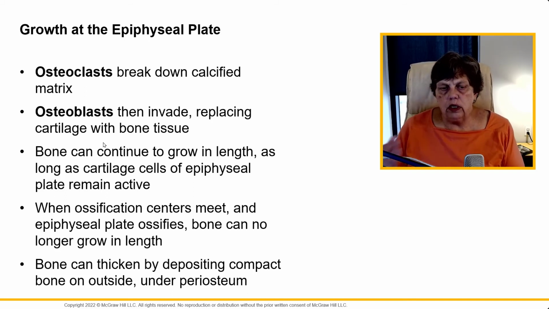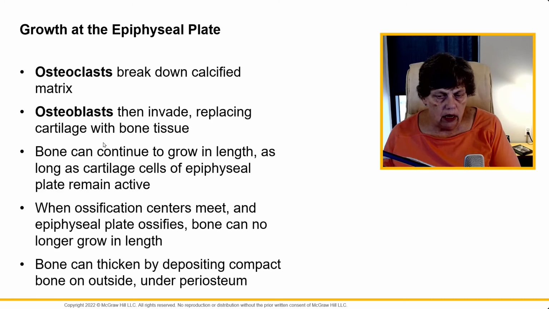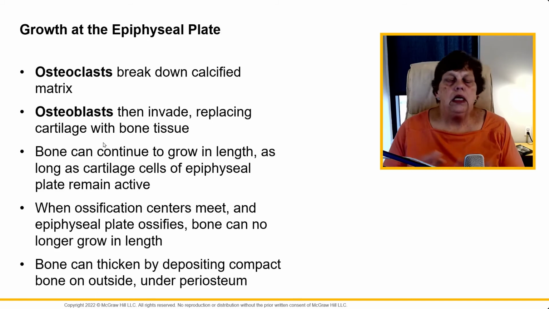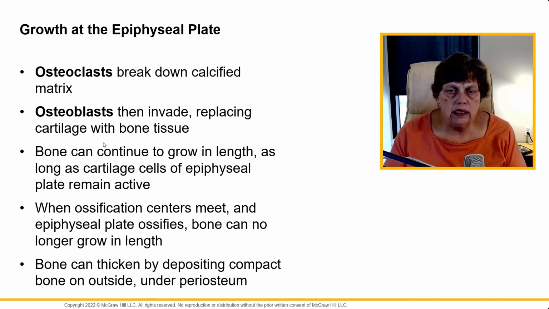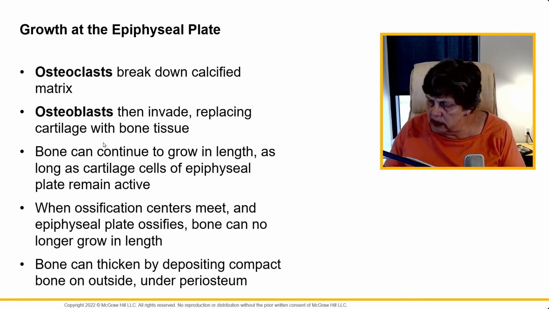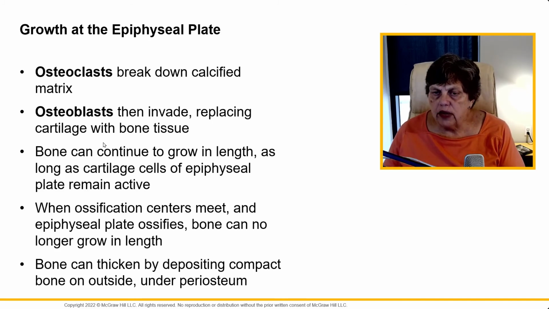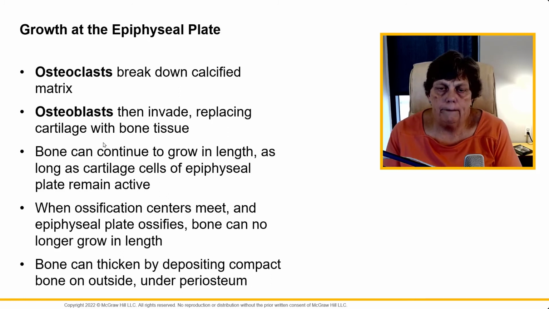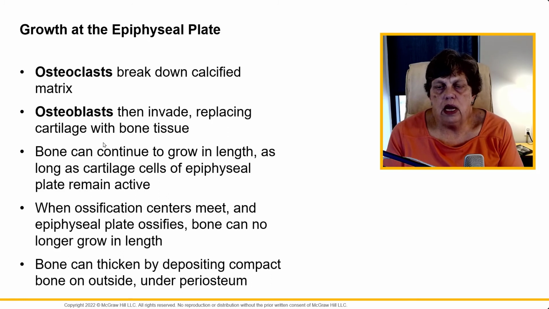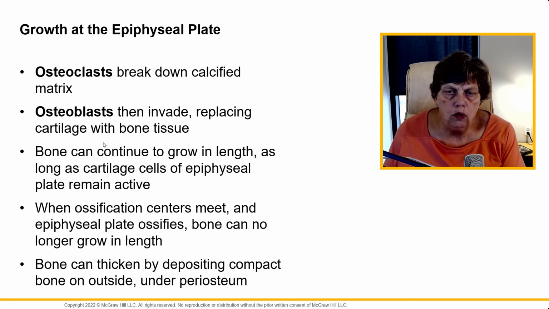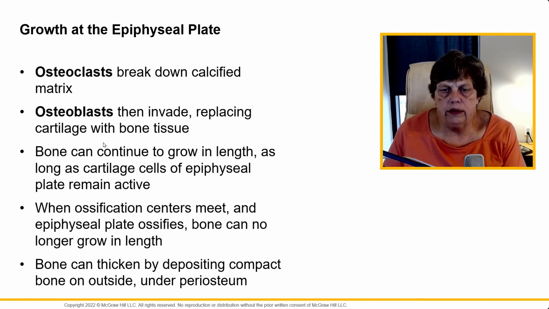I said that we could break down the bone and release the calcium into the bloodstream, or we could take the calcium up and make new bone. The cells that are doing that are the osteoclasts and osteoblasts. So the osteoclasts break down the calcified matrix, and that's how that calcium gets released out into the bloodstream. And if we have plenty of calcium around, we're going to lay down new bone, and that's going to be done by those osteoblasts. So they invade, they replace that cartilage with the bone tissue. So osteoblast, new bone; osteoclast, they're breaking down that bone.